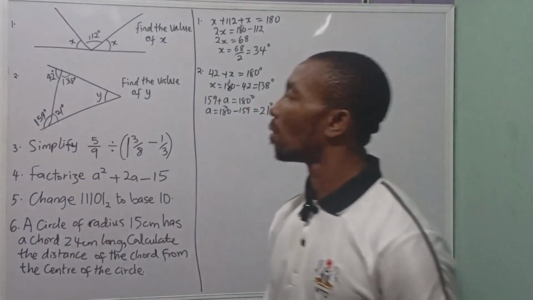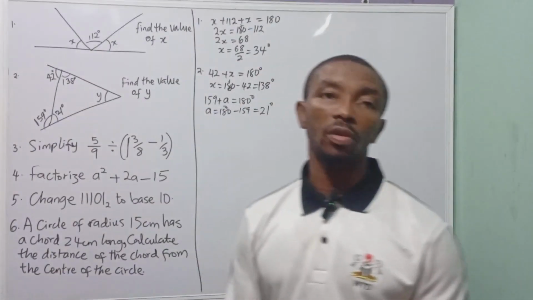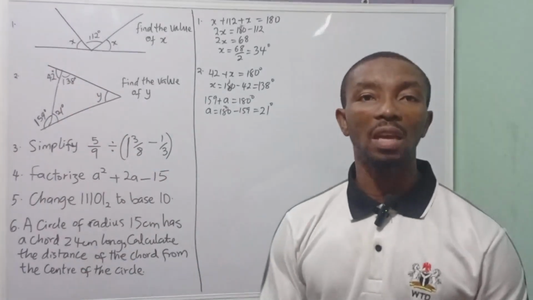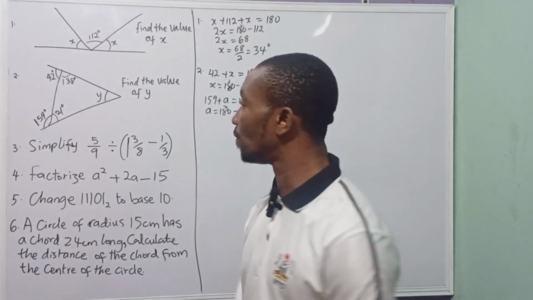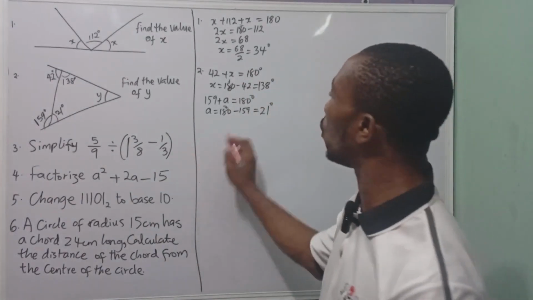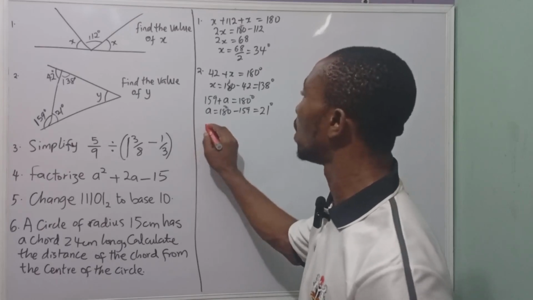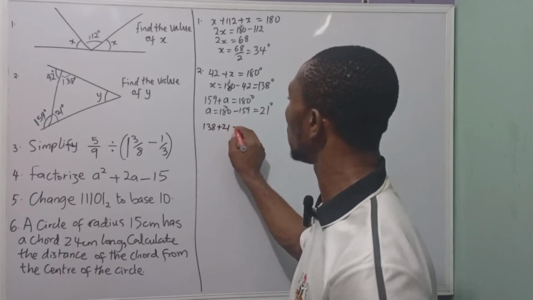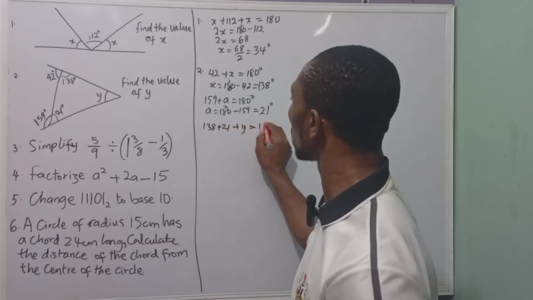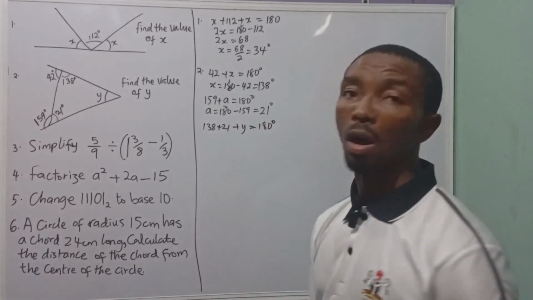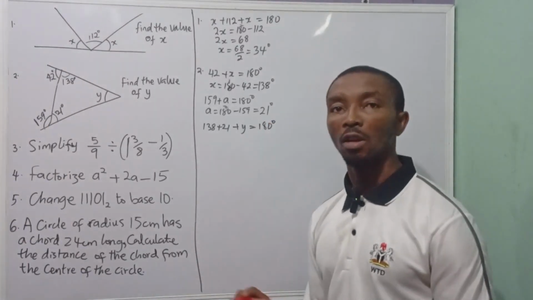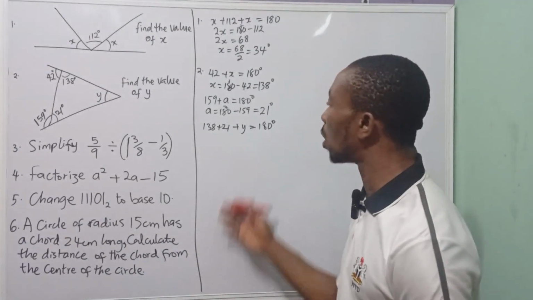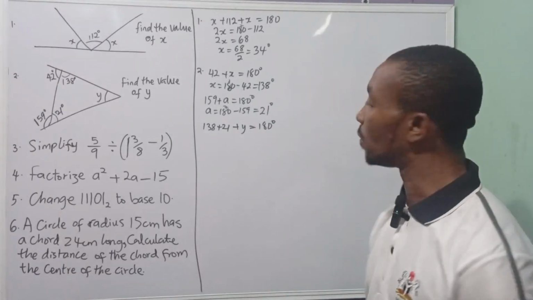Right there again, we need to understand that the sum of angles in a triangle gives us 180 degrees. So to find the value of y, we will have 138 plus 21 plus y equals 180 degrees. Our reason simply being that the sum of angles in a triangle sums up to 180 degrees.